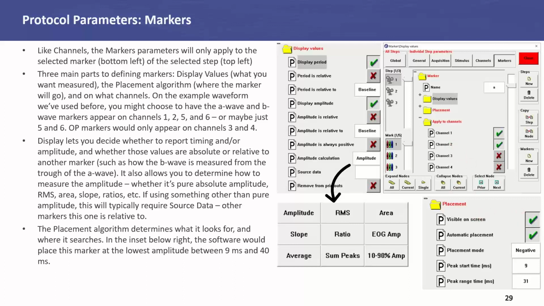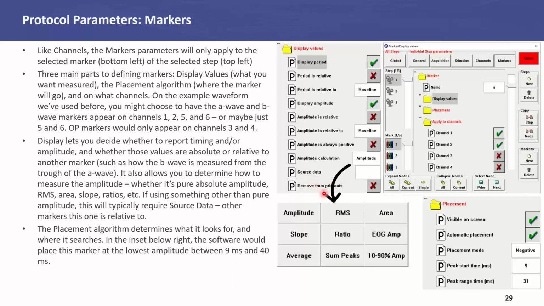In terms of display values, this is where you determine if you're interested in looking at timing or at amplitude. If the marker is relative, like a B wave marker, or like the peak in a flicker that's measured from the preceding trough, you would say that the amplitude is relative to that there. You're also not limited just to timing or amplitude with markers.